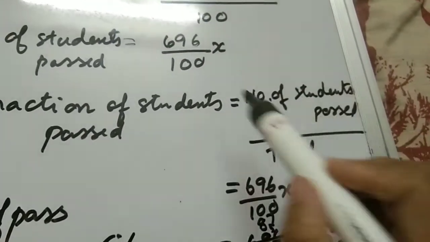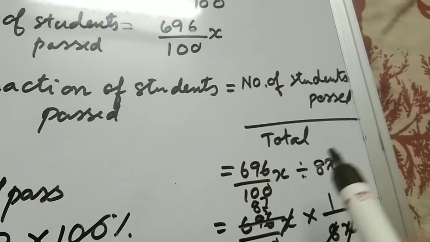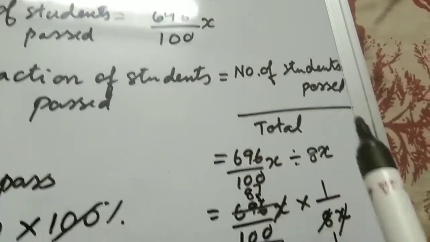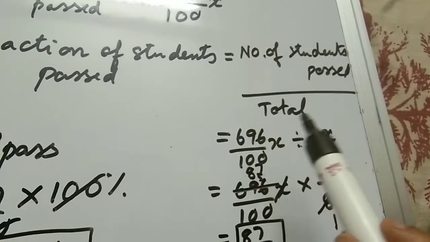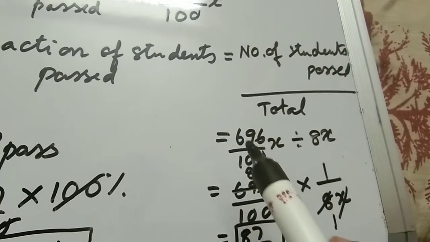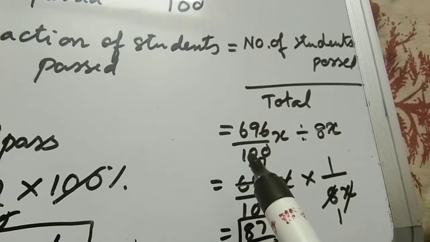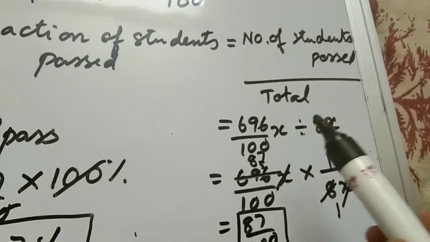So a part of something over the total number of items, the complete one. So out of 8x number of students, only 696 divided by 100 into x students have passed. So we are taking it as a fraction.